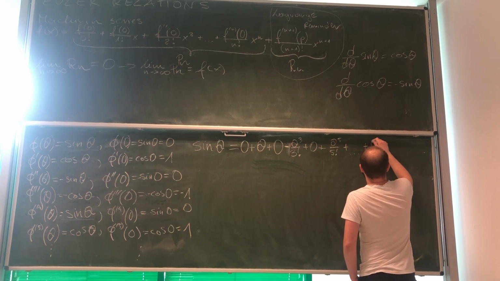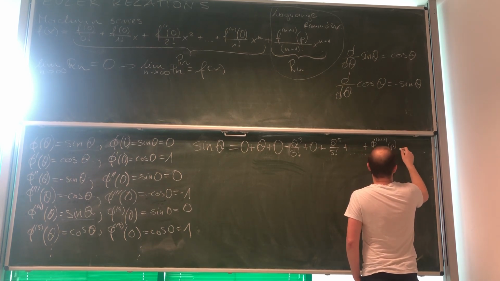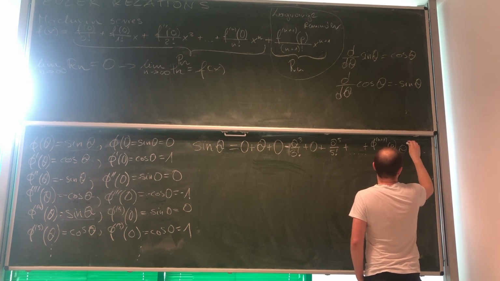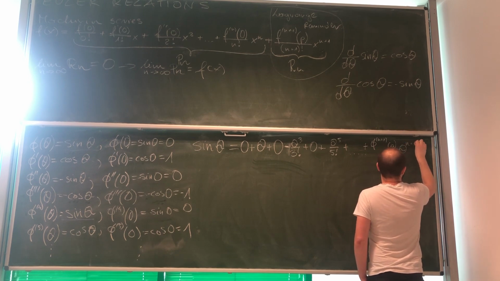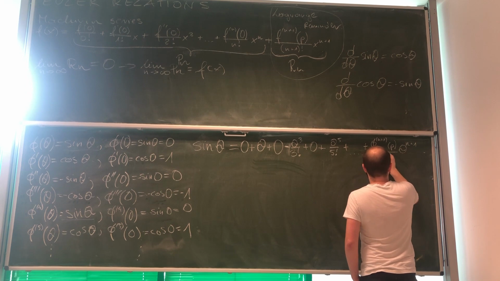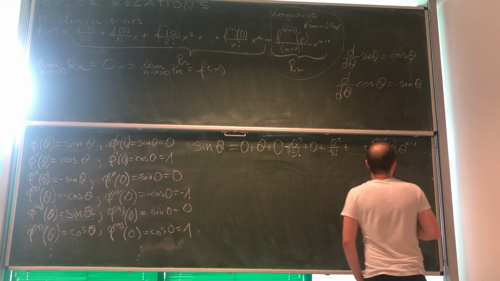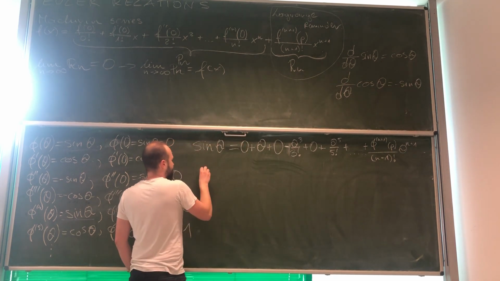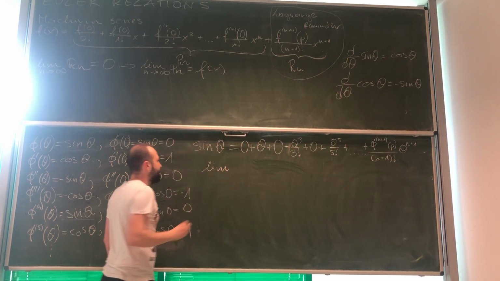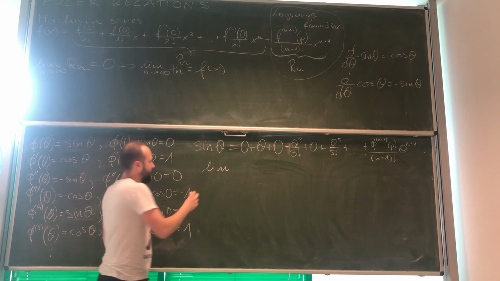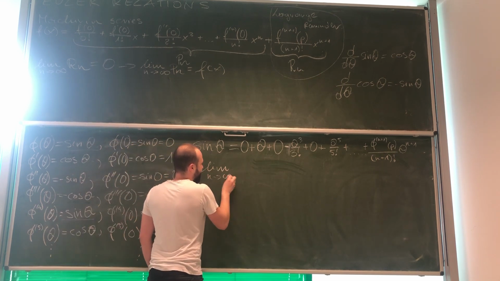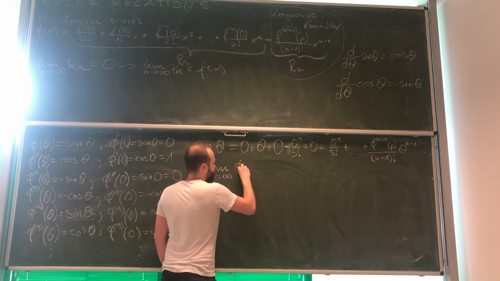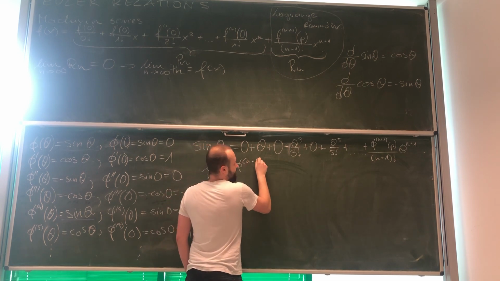Okay, so let's note that it's f to the n plus 1 of some p times theta to the power n plus 1 divided by n plus 1 factorial. Now the question is, what happens with the limit with n approaching infinity of this Lagrange remainder?